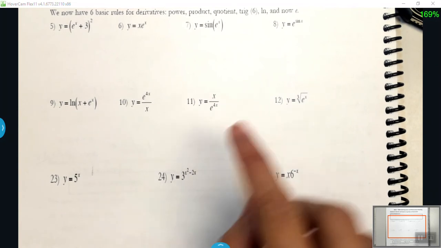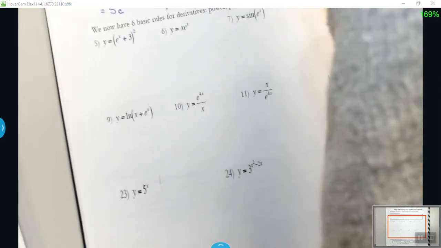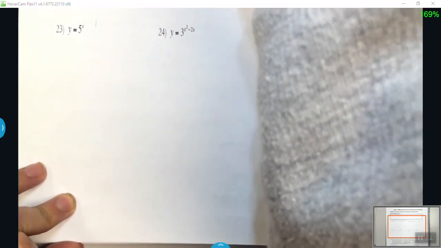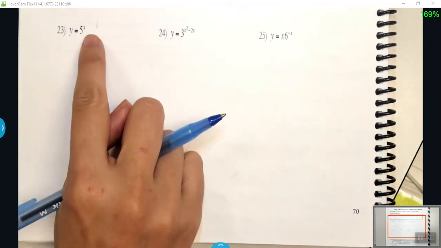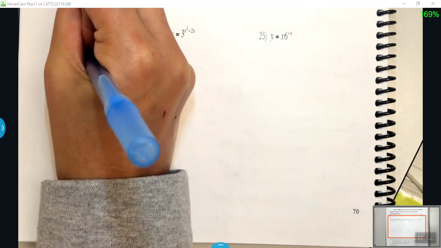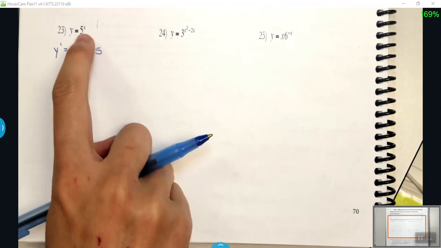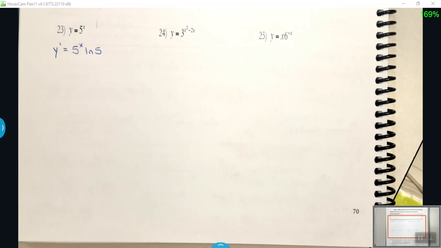Let's do the bottom 3 though, because these, I'm going to let you use for practice. But we're going to do the bottom 3 together. So this is 5 to the x. So all you have to do is do 5 to the x, natural log 5. You just need to tack on a natural log, whatever your base is, at the end of your derivative.